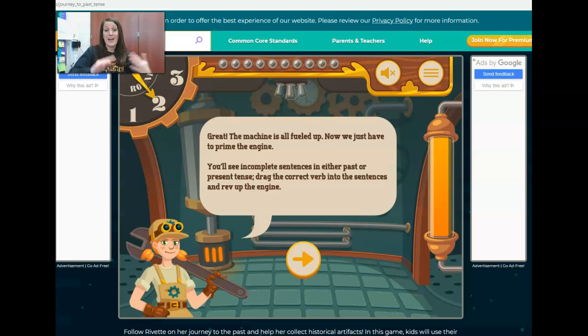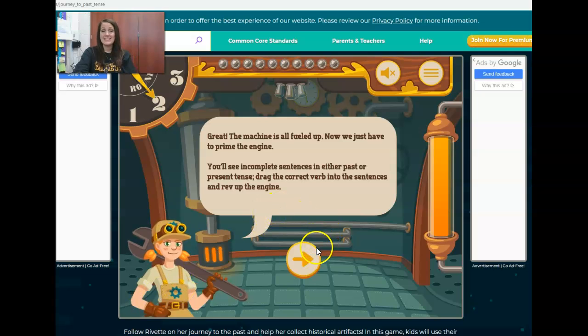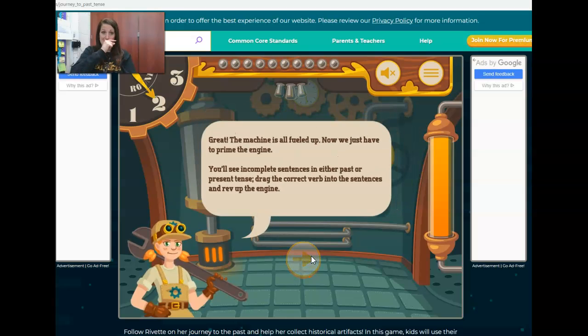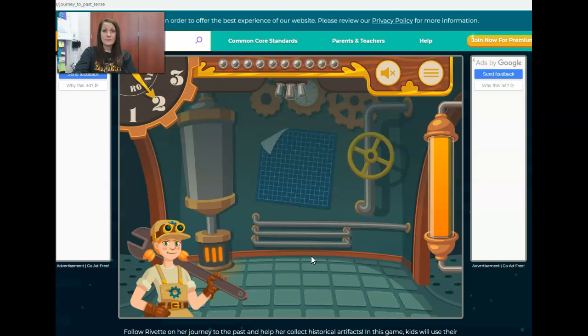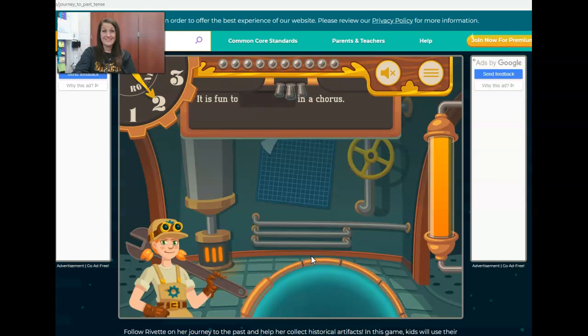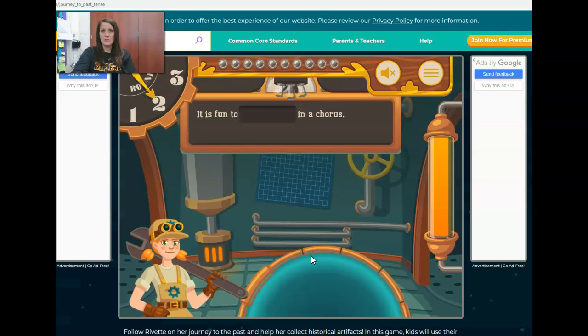Okay, so after we finish that game, the next game says the machine is all fueled up. Now we just have to prime the engine. You'll see an incomplete sentence in either past or present tense. Drag the correct verb into the sentence. So another practice one. It is fun to blank in a chorus.